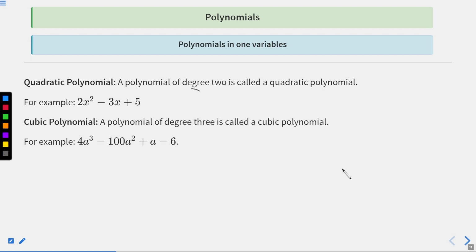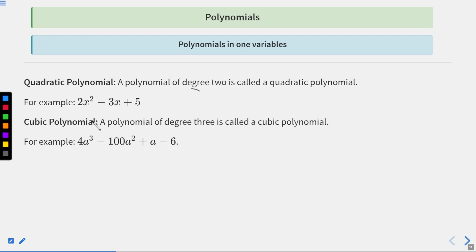The degree of this polynomial is 2, so this is a polynomial of degree 2. Therefore 2x square minus 3x plus 5 is a quadratic polynomial.